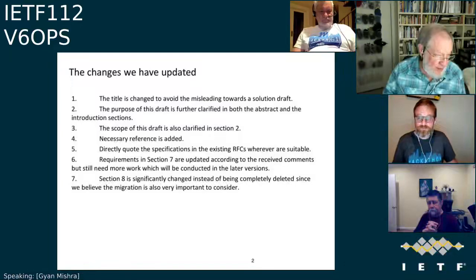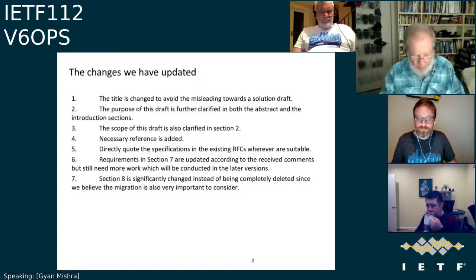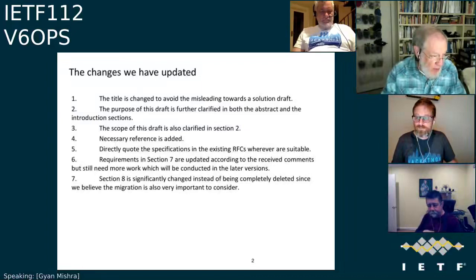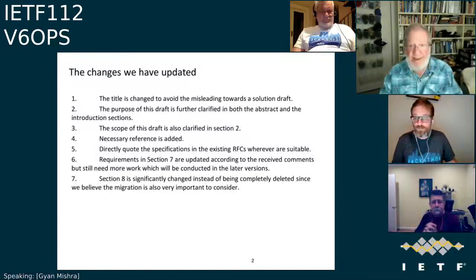The purpose of this draft is clarified in both the abstract and introduction sections. Scope is also clarified in section 2. Additional references were added, and it directly quotes specifications in existing RFCs where suitable. In the requirements section, we cleaned up a lot, so that nothing points to solution space or any solution, making it more generalized and focused on the problem statement.